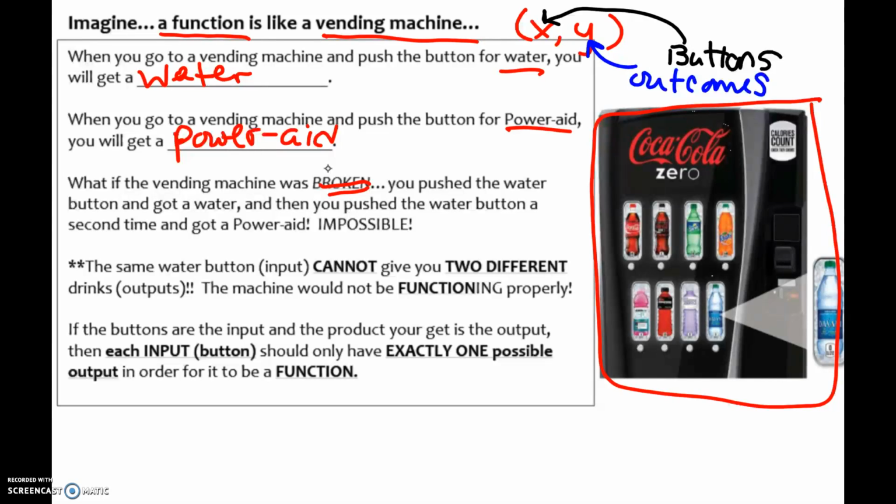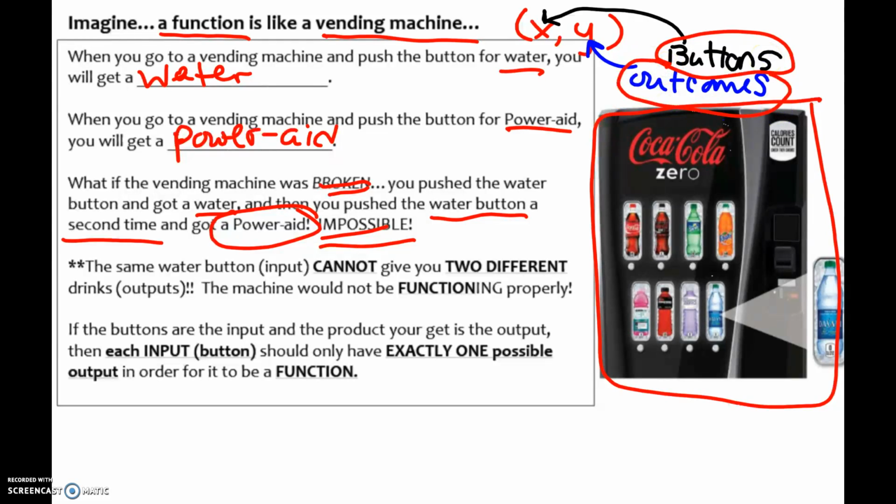What if you push the water button and you got a water, and then your friend said, oh, you know what, I'd love a water too. And you push that water button a second time, and you get a Powerade this time. That's impossible if that machine is functioning properly, because then it's telling us that the relationship between the input, or the X value, and the output, the Y value, that connection got messed up.